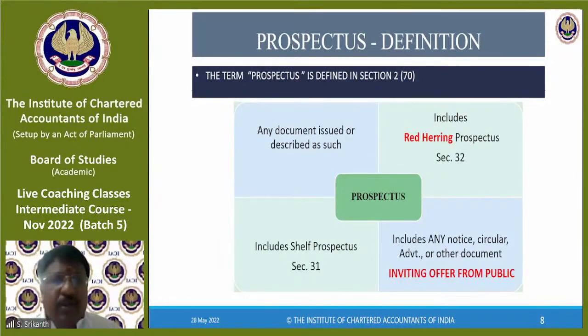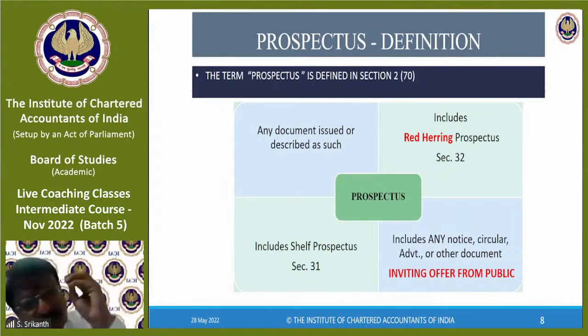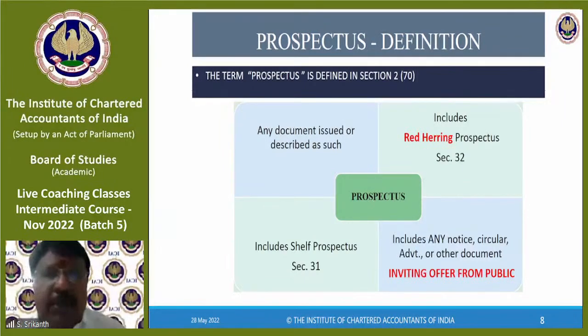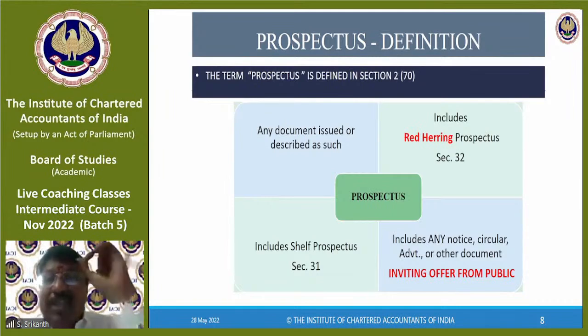The rules for prospectus are so tightly defined. Companies can go for such advertisements, like LIC went for its IPO advertisement, but before that, a proper prospectus should be filed with the registrar.